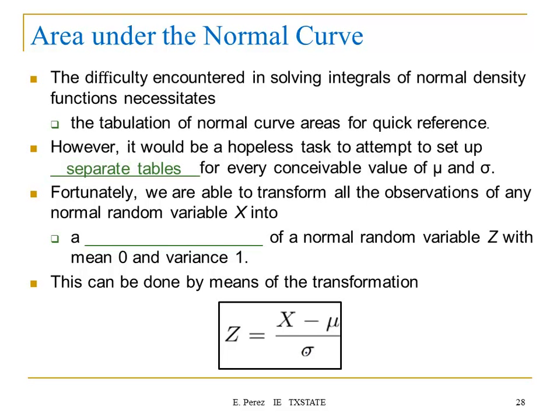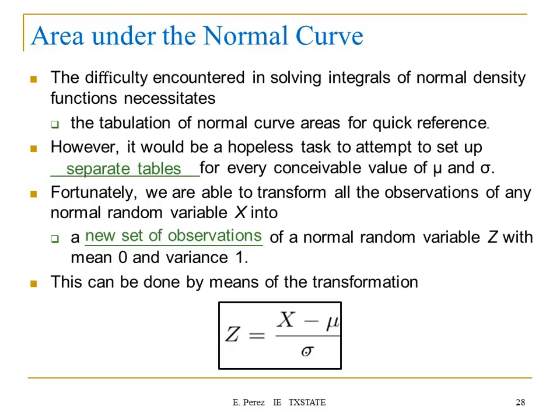So we are now able to transform all the observations of any normal random variable x into a new set of observations of a normal random variable z. Notice that now I'm referring to a new random variable. It's not x, it's z.